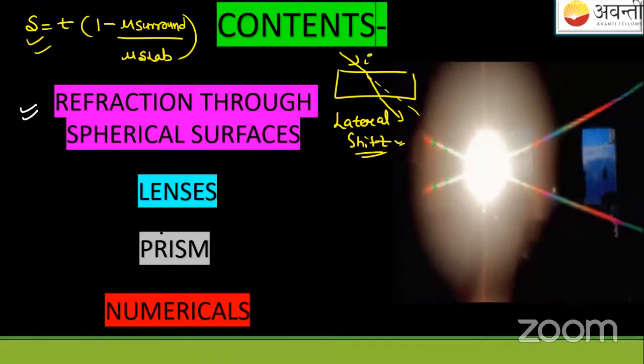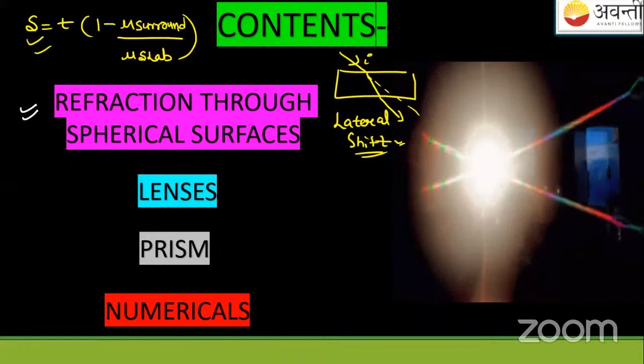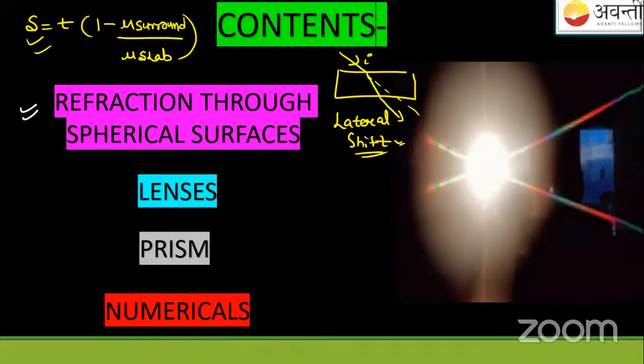You might be asking, sir, what does spherical surfaces mean? We have studied reflection due to spherical surfaces till now. What are the different kinds of spherical surfaces? These are concave and convex.